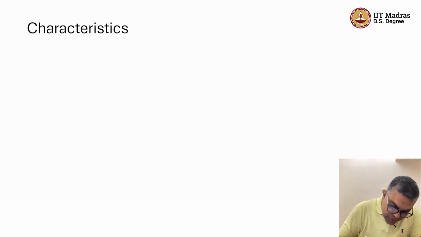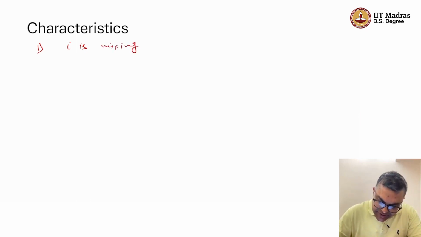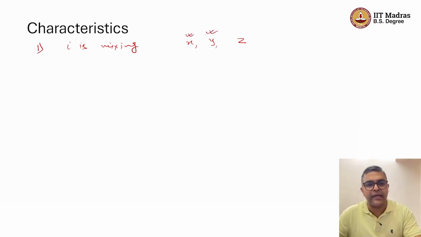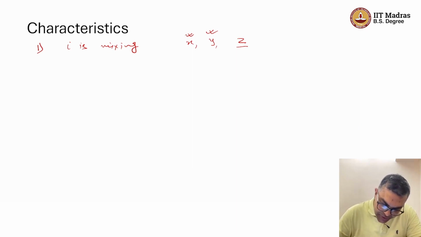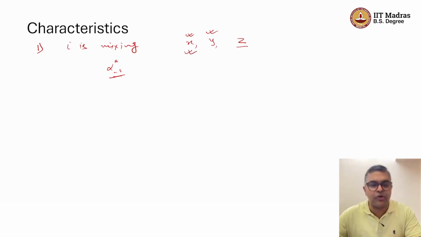What are the characteristics? Two things that you should pay attention to. One, if player I is mixing, let us say he has three strategies, X, Y and Z, and in Nash equilibrium he is mixing between X and Y and is not using Z. Then, given what other players are doing, let us say other players are playing alpha minus I star, X is one of the best responses and Y is another best response, and Z could be a best response or could not be.